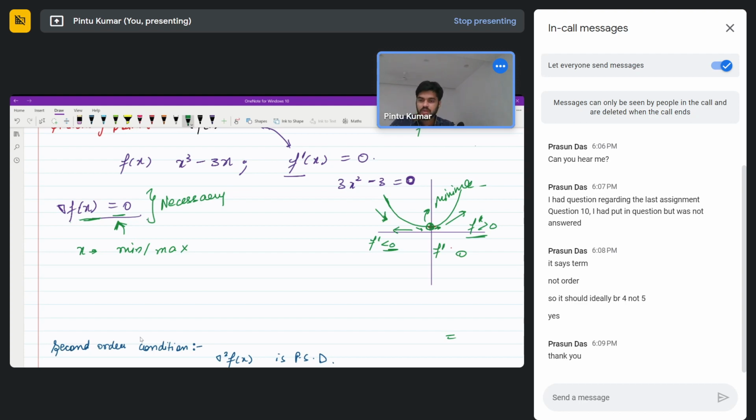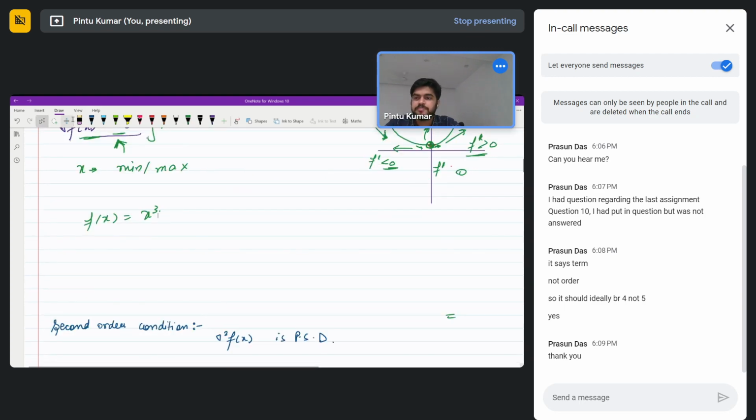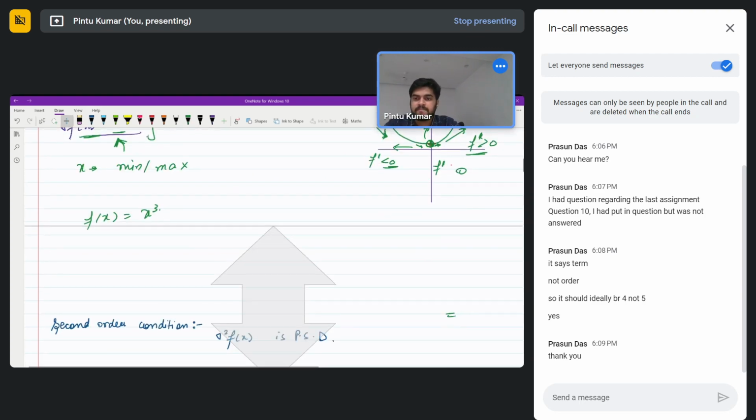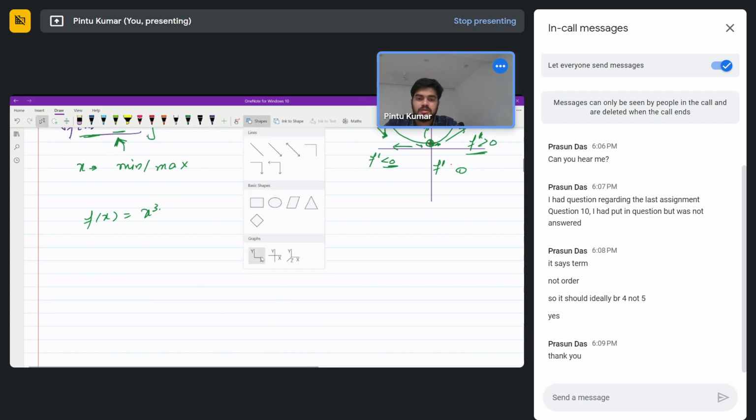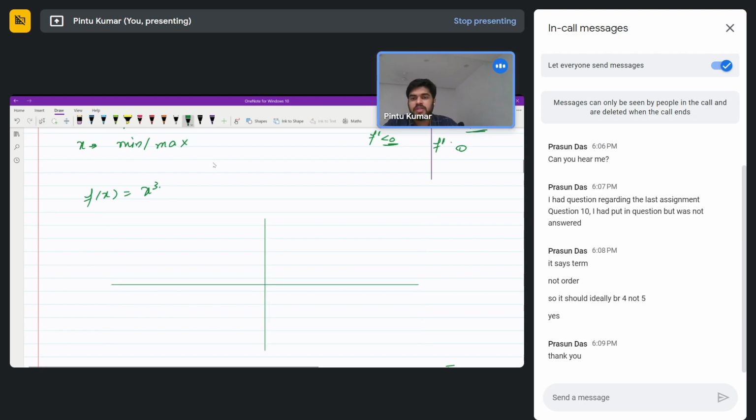Let's look at f of x is equal to x cube. If you look at this function, the graph would look something like this, right? It comes here and then again it goes. So at 0, f dash x is 0, right?